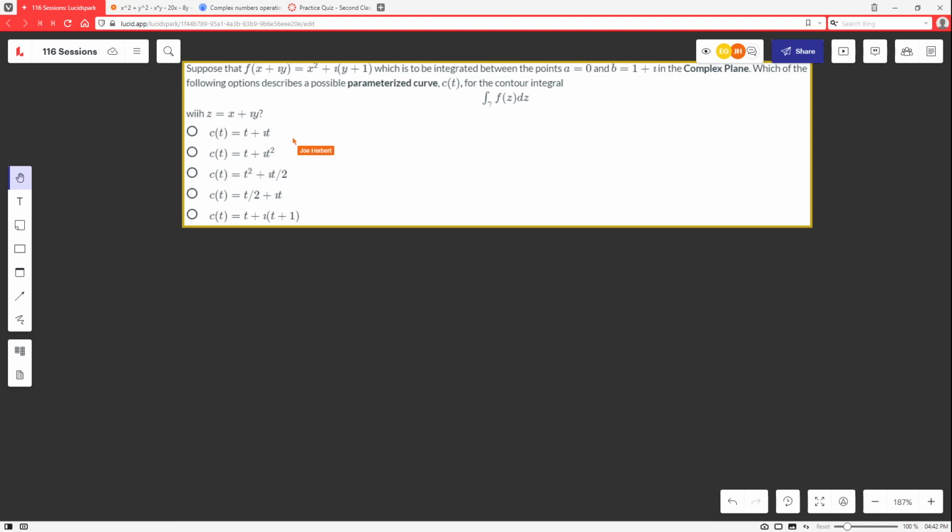If we plug in 0 into this first equation, then c of 0 is equal to 0 plus 0i, which is obviously 0, which is A. And if we plug in 1, then we get 1 plus i1, which is just 1 plus i, which is equal to B.